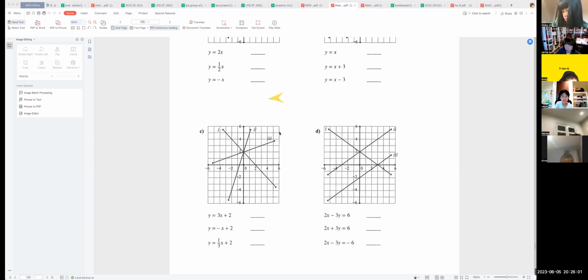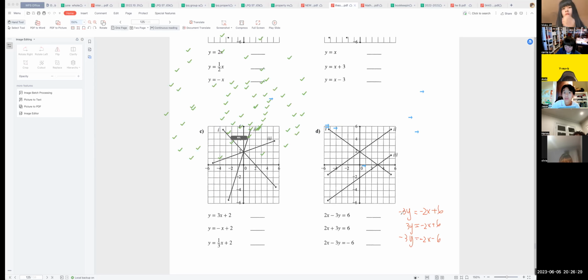Okay, everybody, who can tell me what the first thing you want to do is? We want to transform them into something normal. Negative 3y equals negative 2x plus 6. Positive 3y equals negative 2x plus 6. And negative 3y equals negative 2x minus 6.